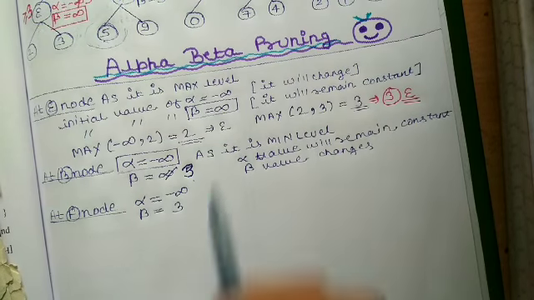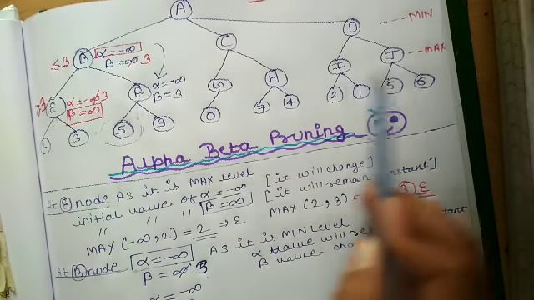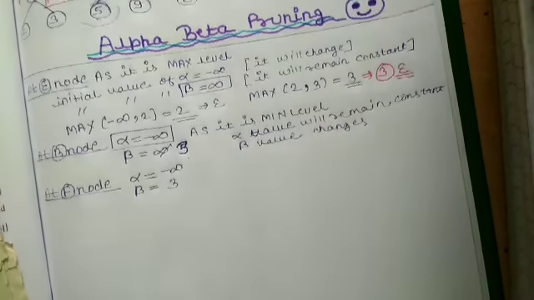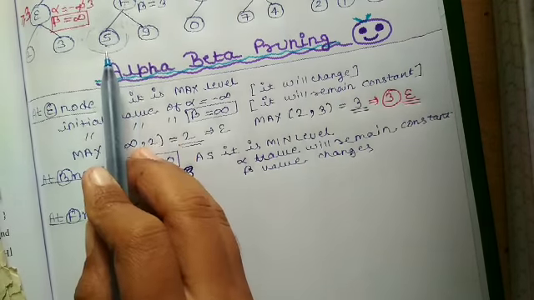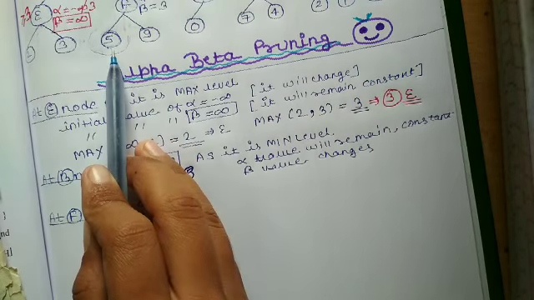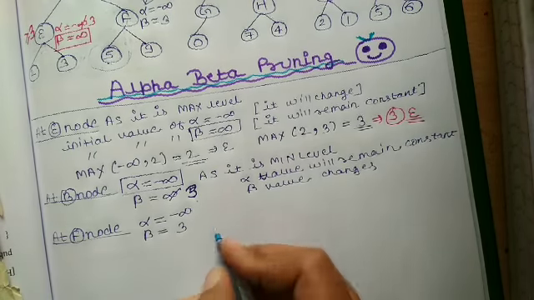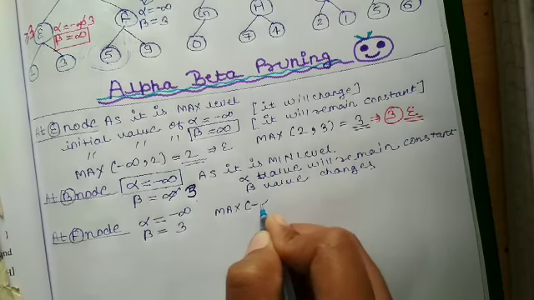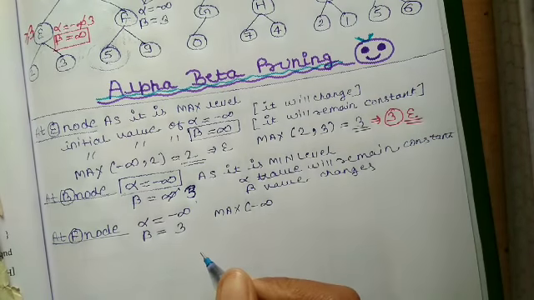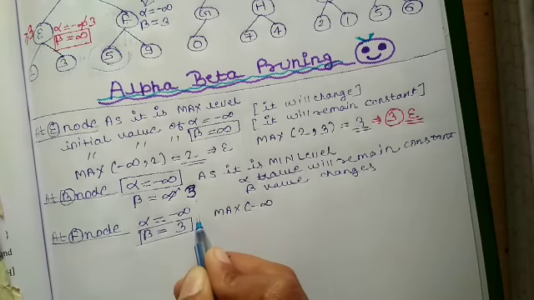It is a maximum level, so we have to take maximum values for the F node. It has two child nodes, 5 and 9. Firstly, it will explore 5. Maximum of minus infinity: as it is a maximum node, beta value will remain constant, alpha value will change.